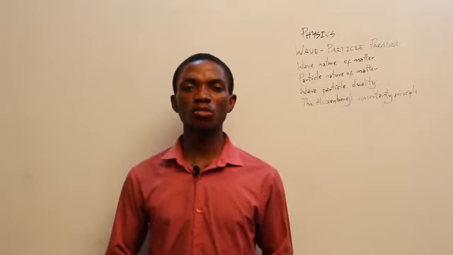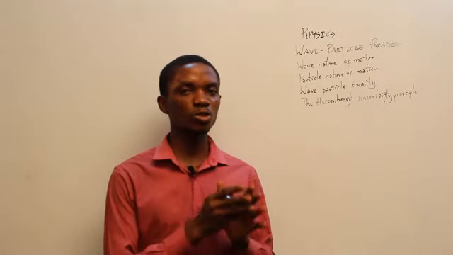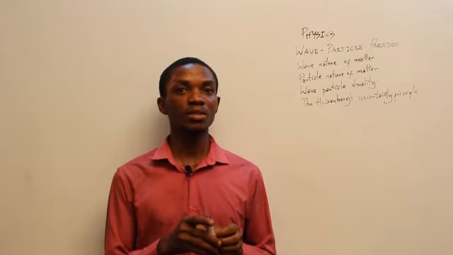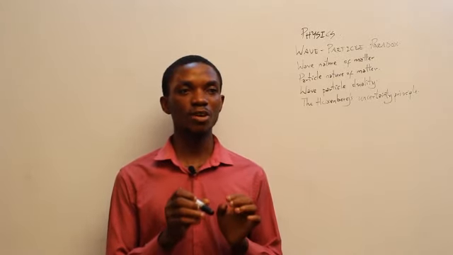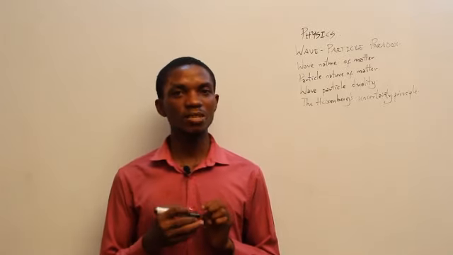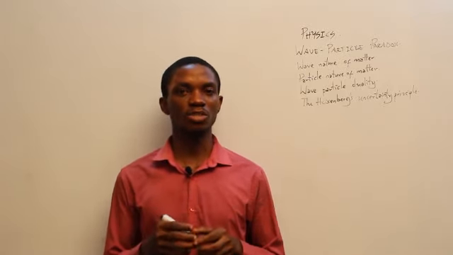When we talk about the wave nature of matter, considering electromagnetic waves, I would like us to start by focusing on light, because light can be easily monitored. At least we can see light with our eyes.